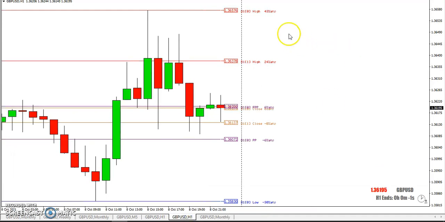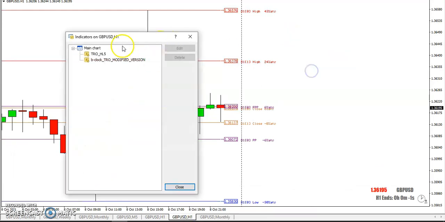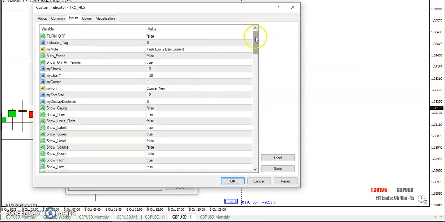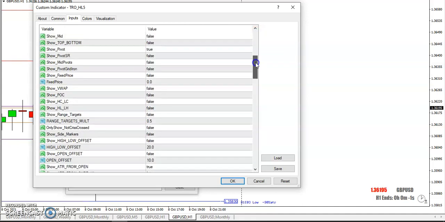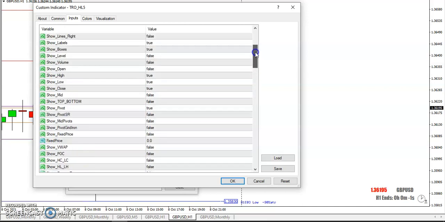And finally, I don't think I made a video about this one, but I added some ATR code into the HL5 indicator. So what we're showing here is we've got show high, show low, show the close.